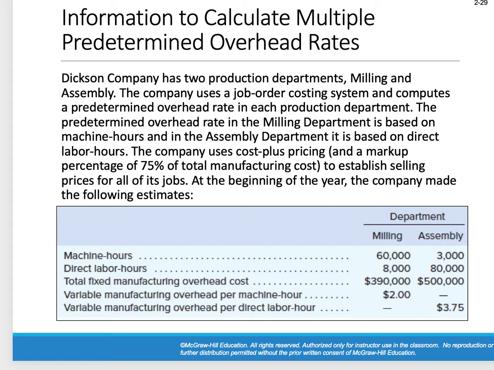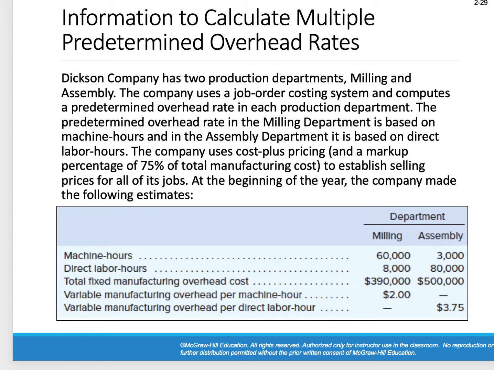Okay, they tell us that the predetermined overhead rate in the milling department is based on machine hours, and in the assembly department the predetermined overhead rate is based on direct labor hours. Now, they're using two different allocation bases for each department. That makes sense, okay?